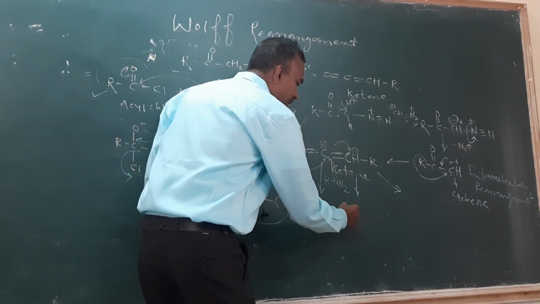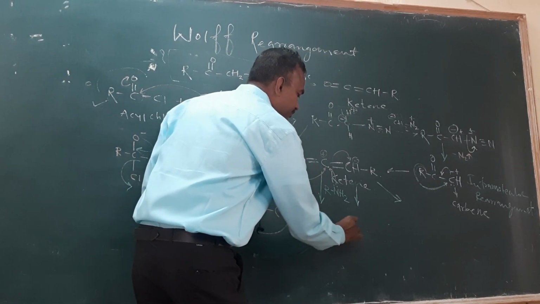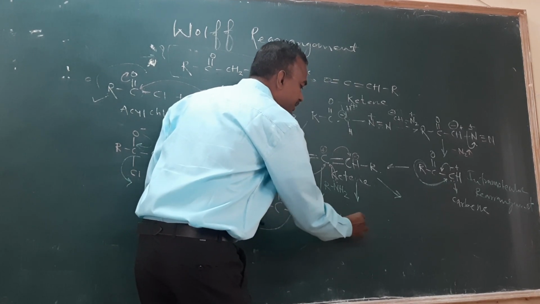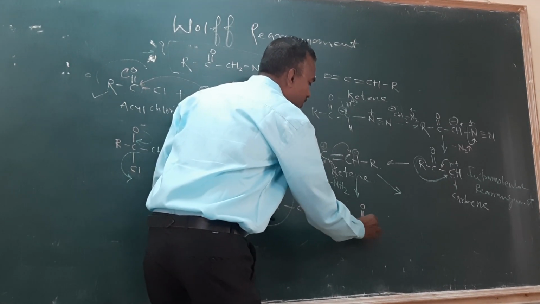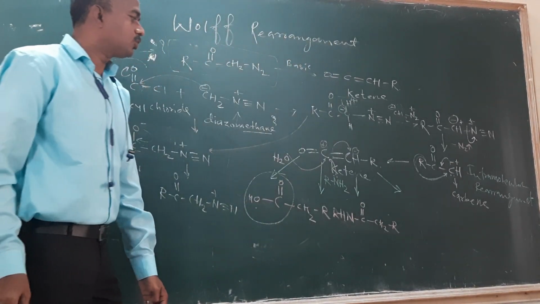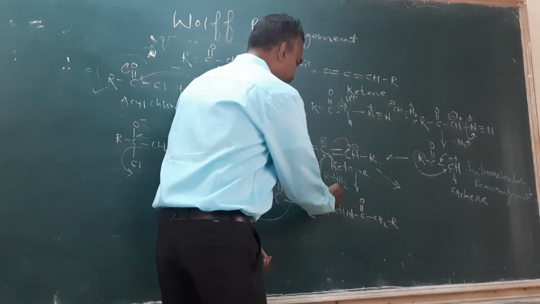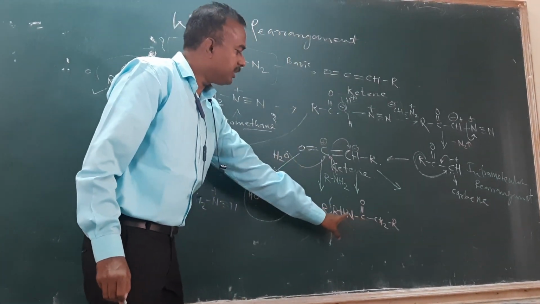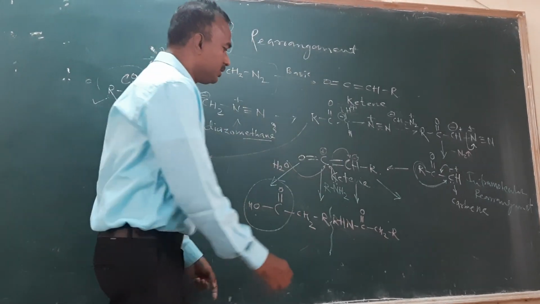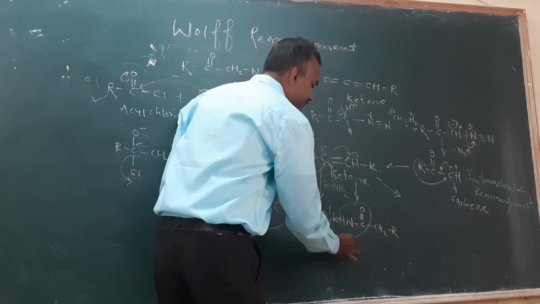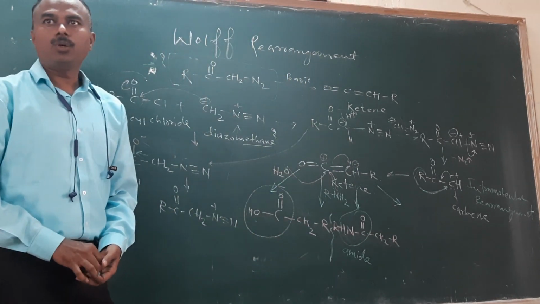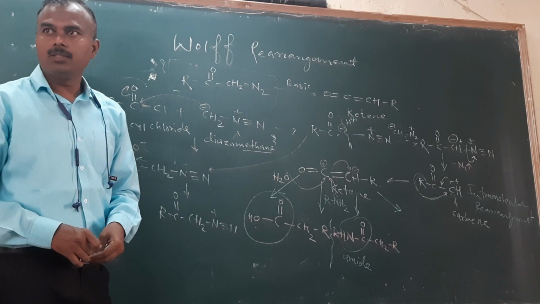So again you will end up with R, NH, C double bond O, CH2, R. So what happened here? CO, NH, R, CH2, R. Substituted amide. This group is called the amide. Okay, so from there we got amide.